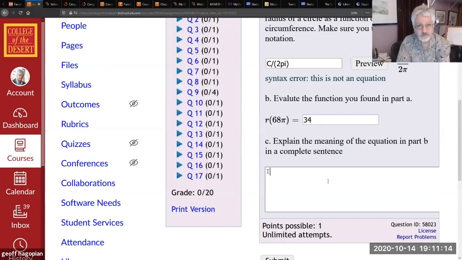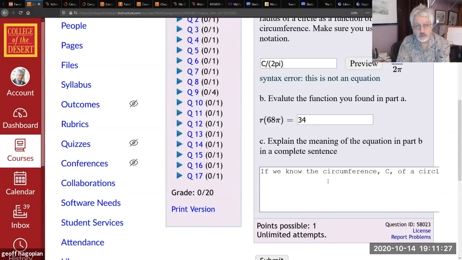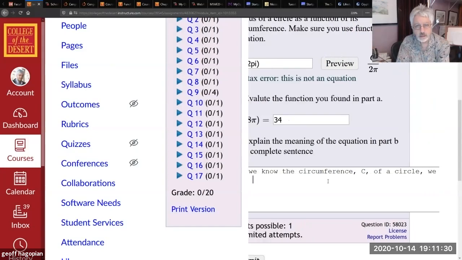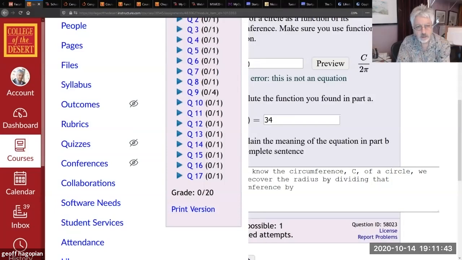So if we know the circumference c of a circle, we can recover the radius by dividing that circumference by 2 pi. Yeah, that's fine. You know, this doesn't get automatically graded, right?